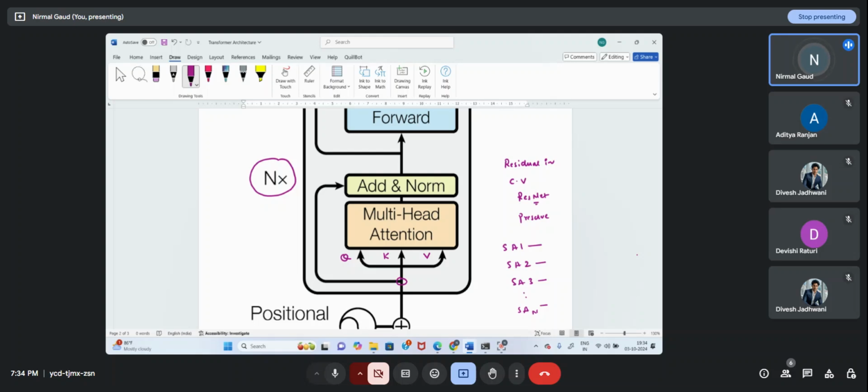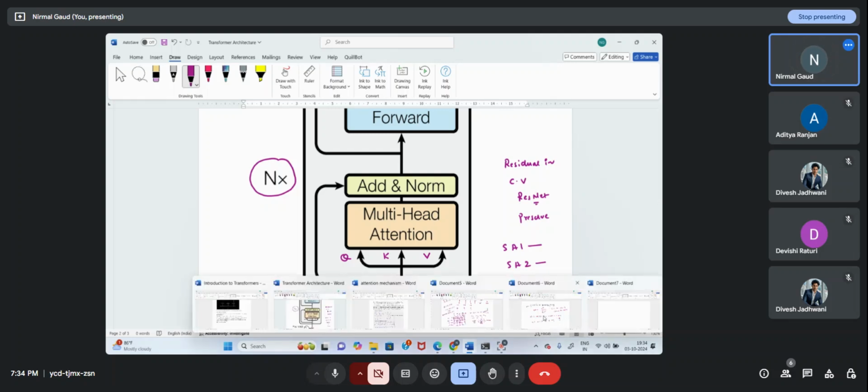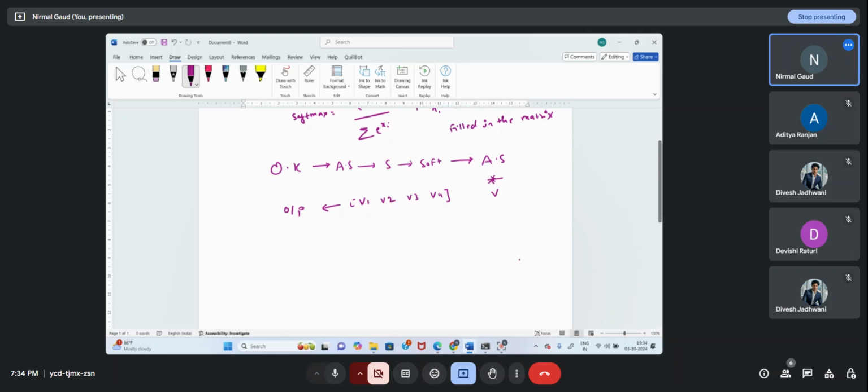You have to concatenate all. So the next thing is concatenation. There will be many self attentions. Whatever be the results you are getting, concat.